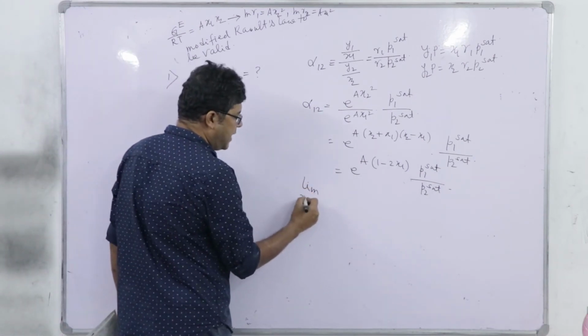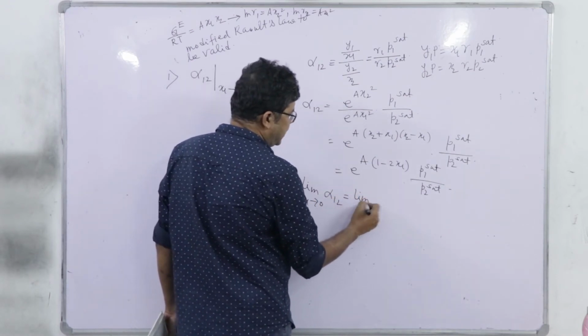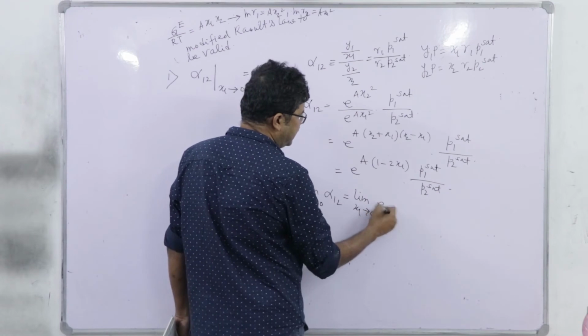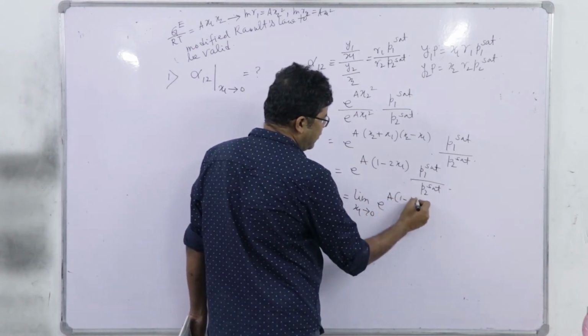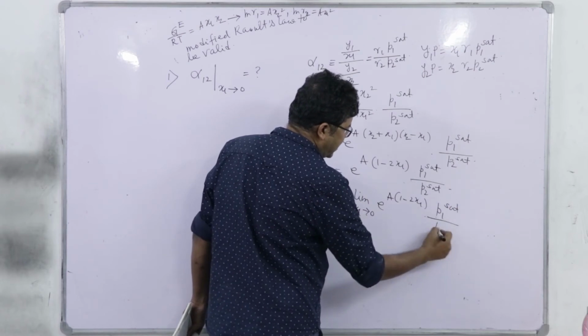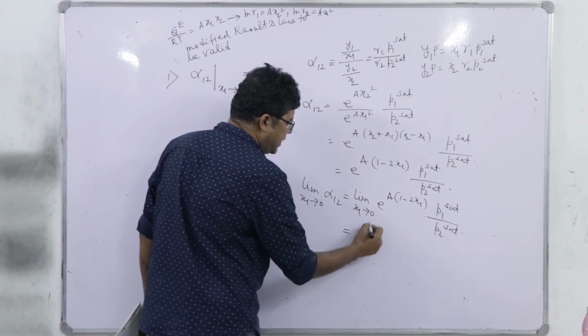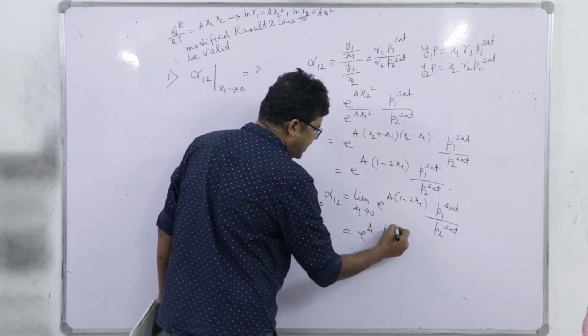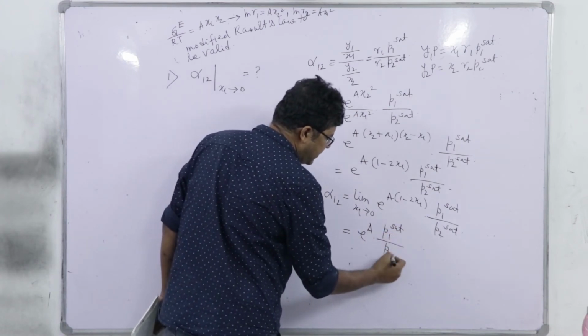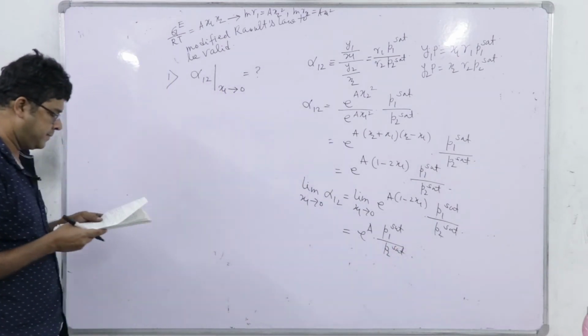So the limit of alpha 1 2 as x1 tends to 0 is e to the power a into 1 minus 2x1 into P1 sat by P2 sat, and it gives you e to the power a into P1 sat by P2 sat. Right.